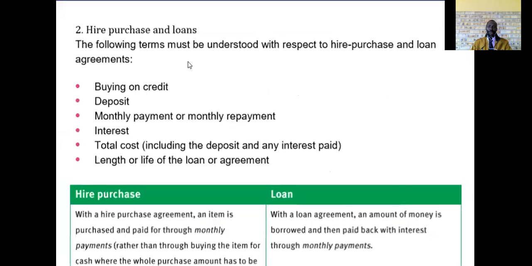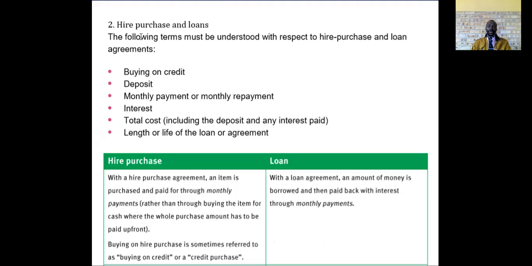Or maybe before that, well, I had talked briefly about hire purchase. Now, I said in a hire purchase and loan system, the following terms must be understood: loan agreement, buying on credit, deposit, monthly payment or monthly repayment, then there is interest, total cost, length or life of the loan, like that.